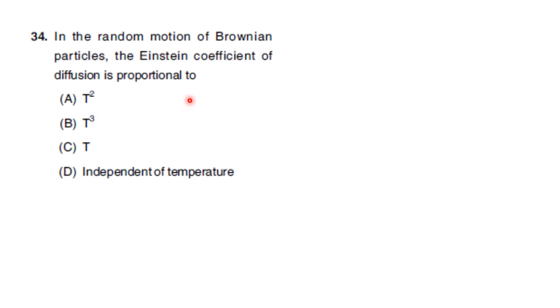In the random motion of Brownian particles, the Einstein coefficient of diffusion is proportional to. First, let us know what is Brownian motion. Robert Brown observed a zigzag or dancing motion of pollen grains which are suspended in water. So, pollen grains in water show a zigzag motion.